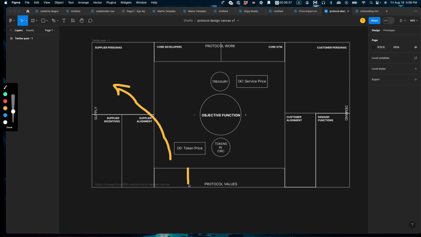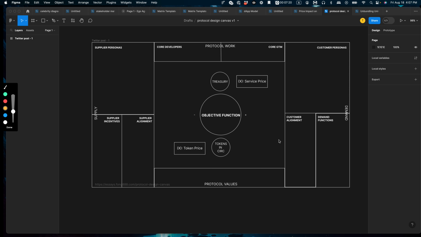That may be something you put as a value, as a constraint to an objective function, because the objective function may end up, if it's just sort of designed as have as many queries as possible, have as much data go through as possible, it may, without putting that as a value, may actually be fine with a maxima if all the indexing gets concentrated in a handful of people, or all the staking gets aligned. And so that needs to be put in here so that you can add that in as a functional constraint to the objective function, and then write that in the contract.